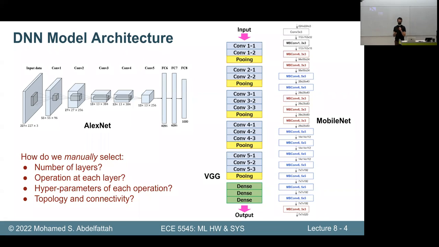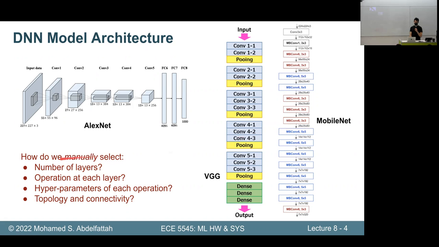The training algorithm, like SGD, is very powerful. It can actually train parameters in a parameterized neural network of any architecture or any topology. And so the question becomes, how do we design the best one that gets the best accuracy? And that's what neural architecture search is all about.